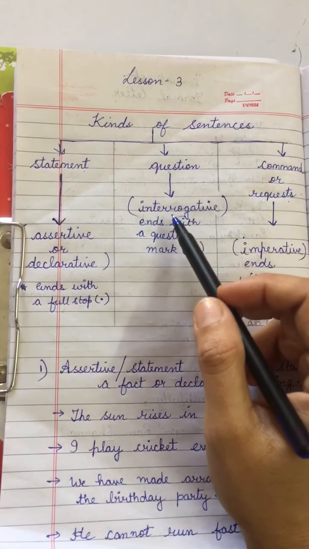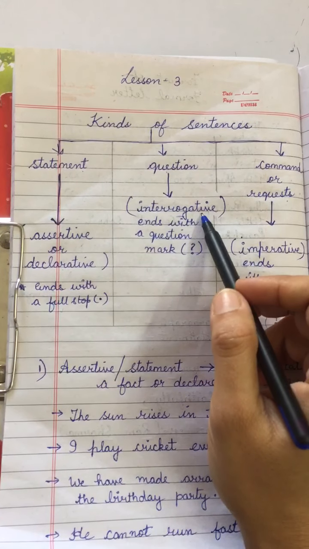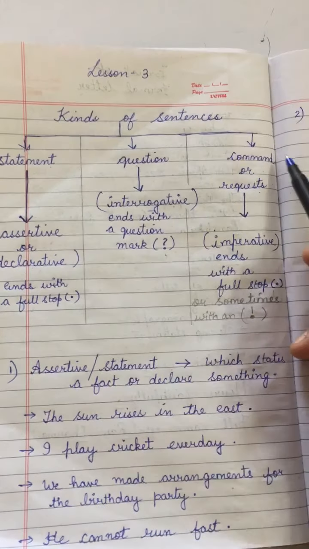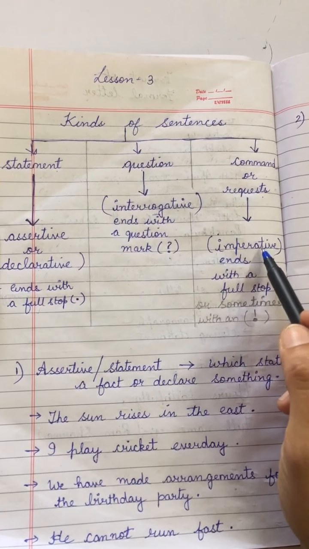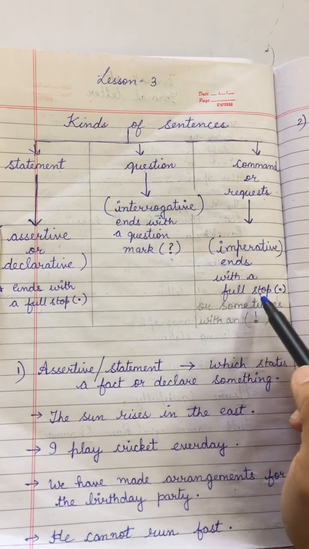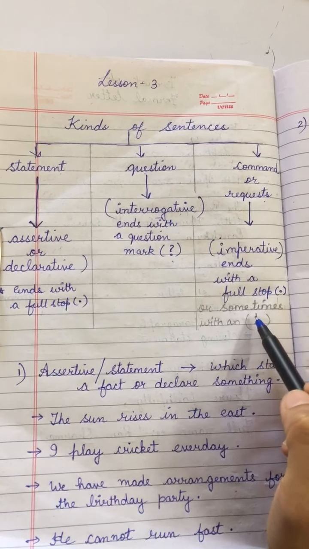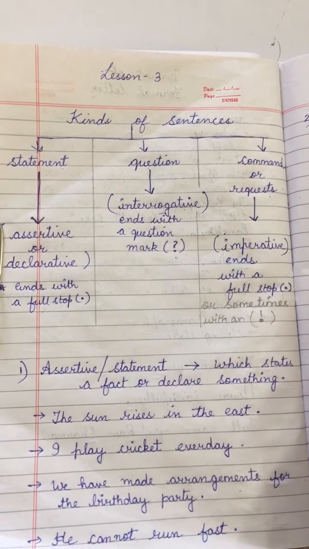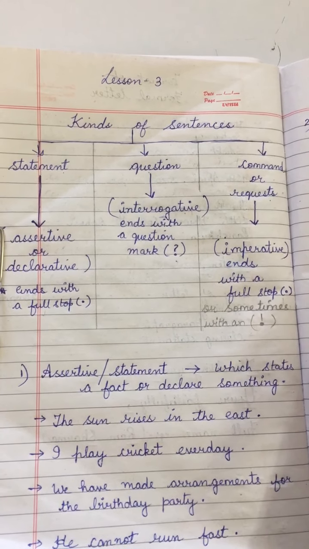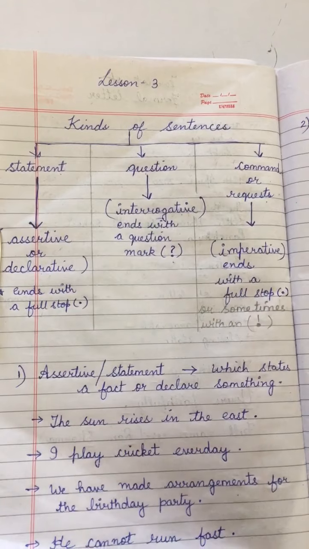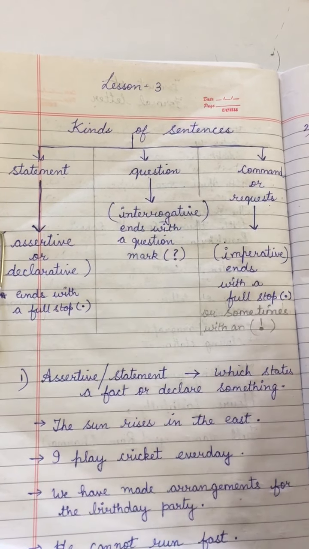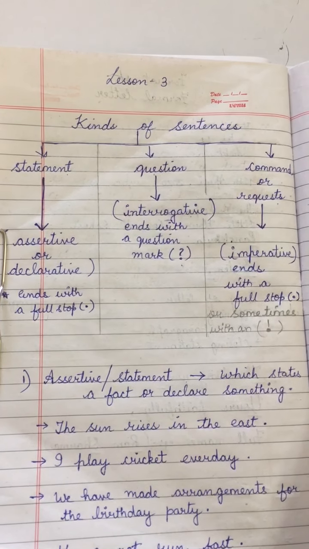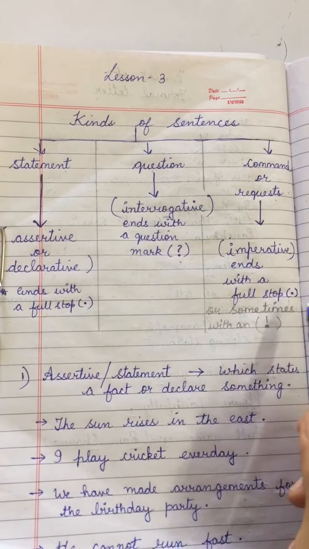My question sentences are also called interrogative and they end with a question mark, whereas my command sentences are also called imperative and they end with a full stop or sometimes with an exclamation mark, wherein while I'm saying something, the expression of thoughts has to put a lot of emphasis on my expressions. For example, go away, right? So these kind of sentences.